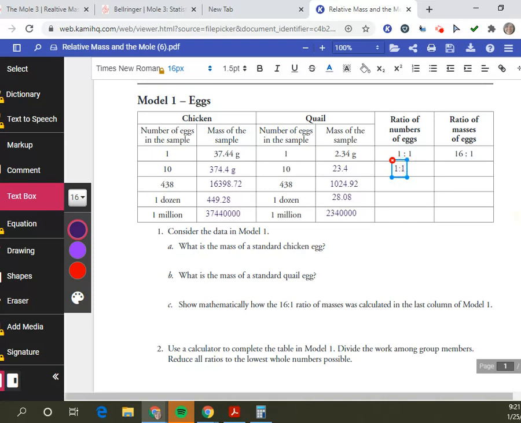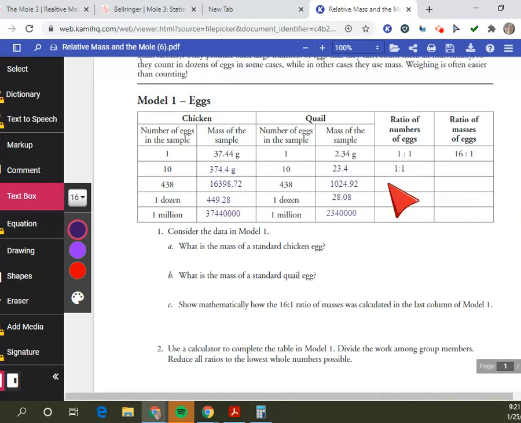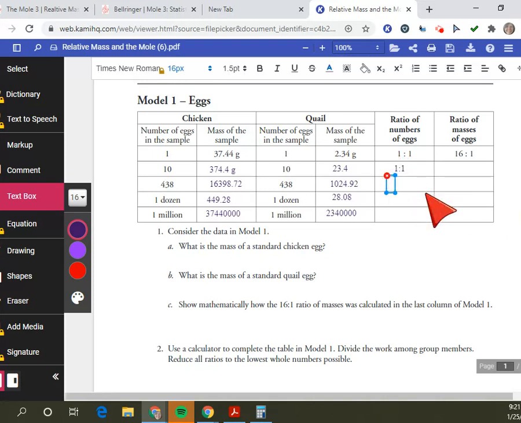Because if it's the same number on both sides and we are dividing them as a ratio, 438 to 438 is still 1 to 1. A dozen to a dozen is 1 to 1 because I have the same number of eggs. I am counting them.